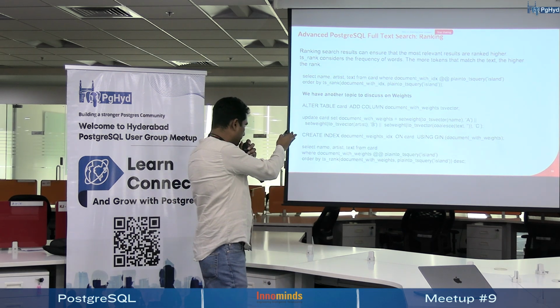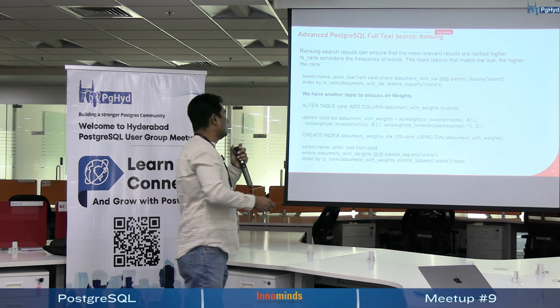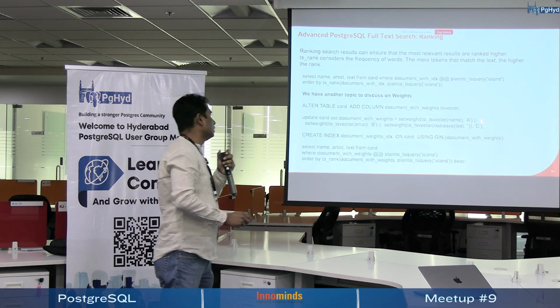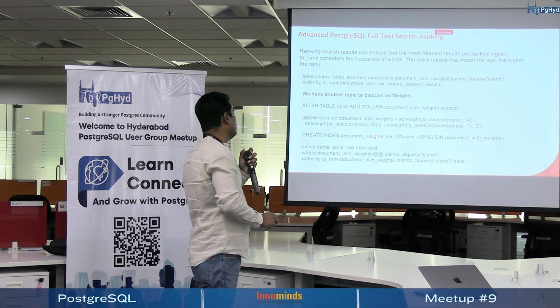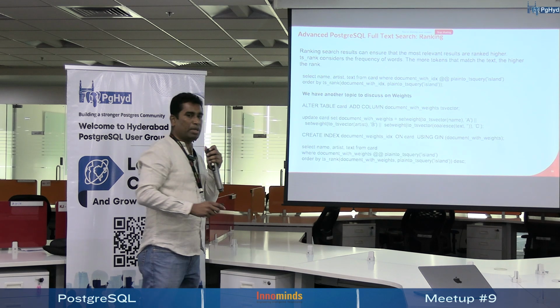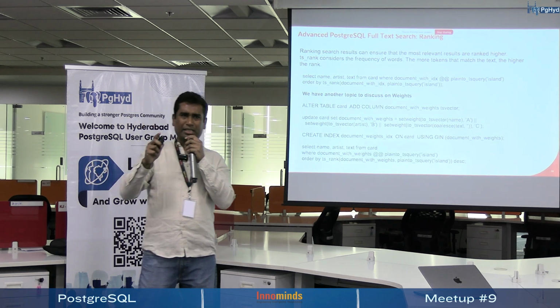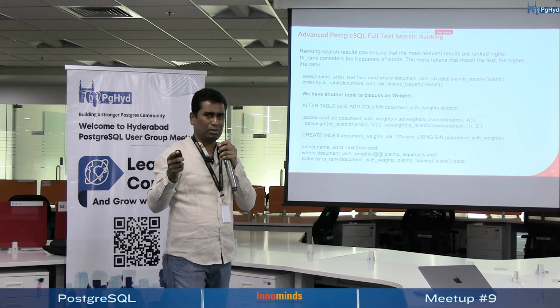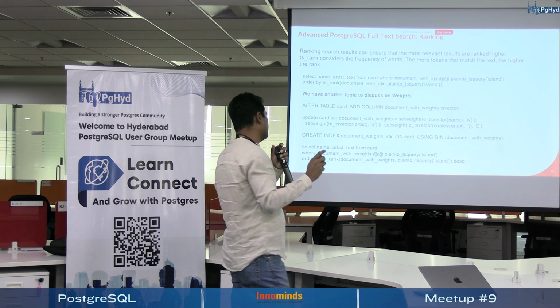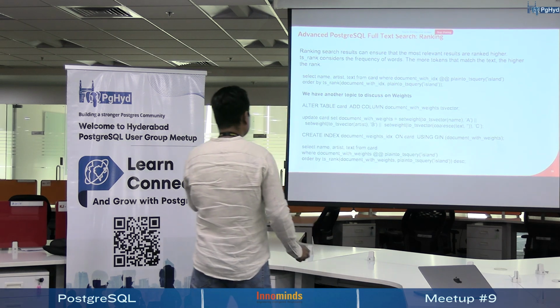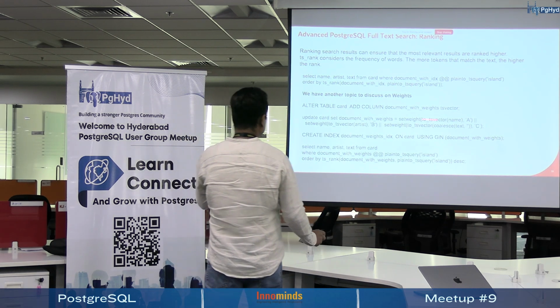And once you define weight, you have to do it like A, B and C, but by default it will take a numeric number, like 0.1, something like that. But you can do it like A, B, C, this is the way.